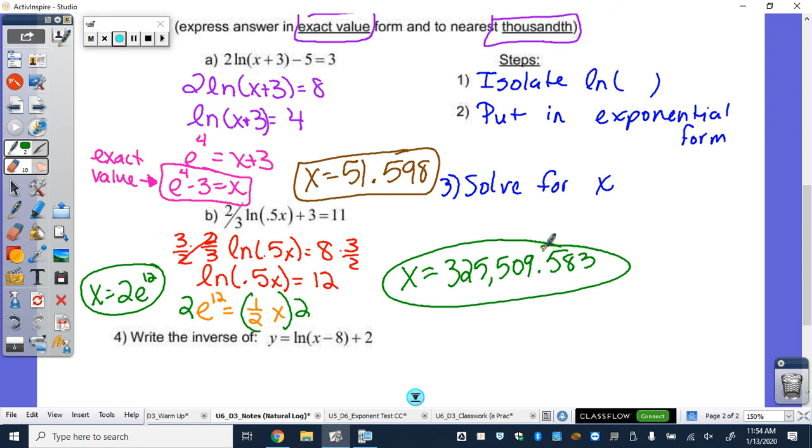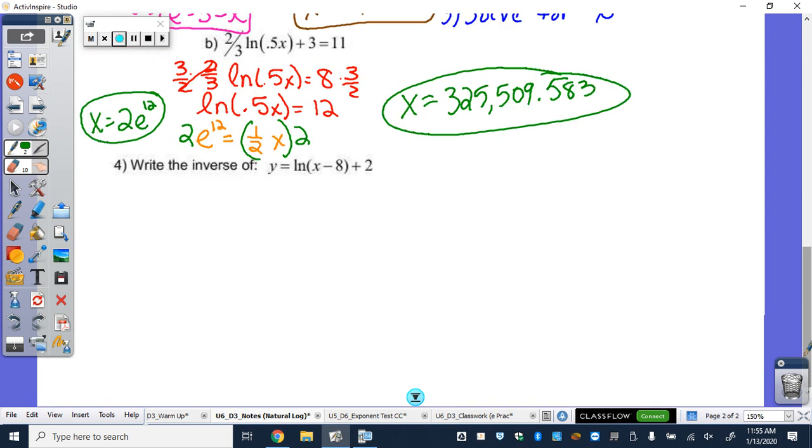So our last thing in our notes for today, finding the inverse. Already has a y in there, so step 1 of finding our inverse, switch our x and our y. So then finding inverse is similar. You got to get the ln completely by itself when you're trying to solve for your y. So I'm going to subtract that 2 over.